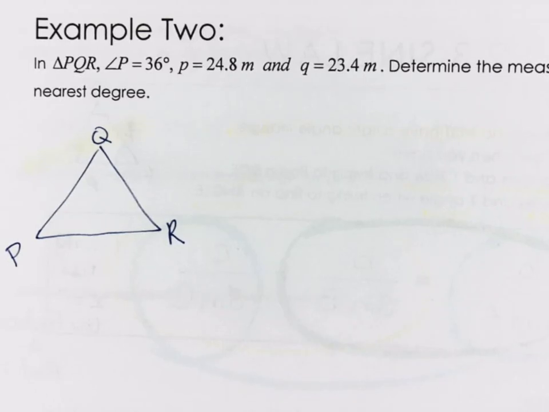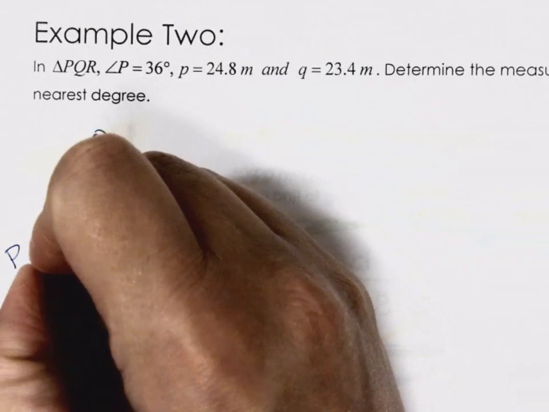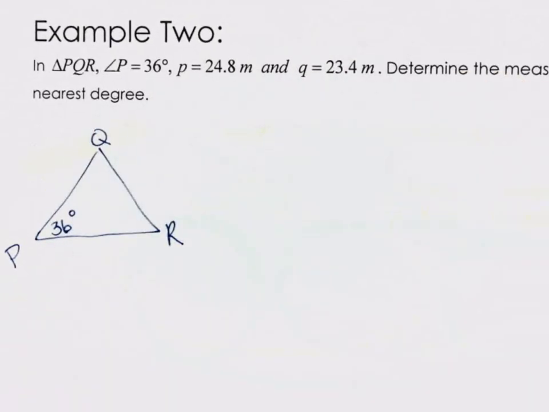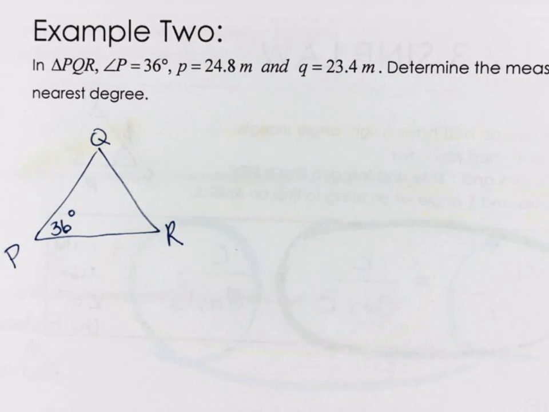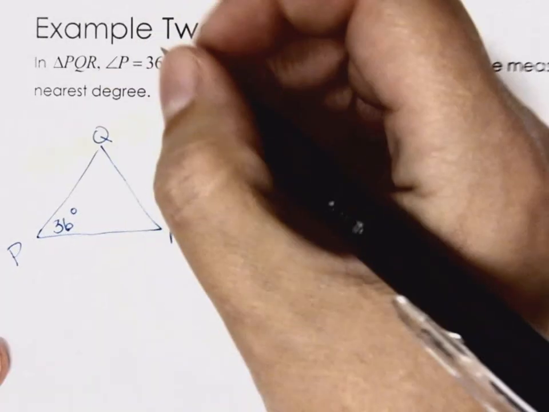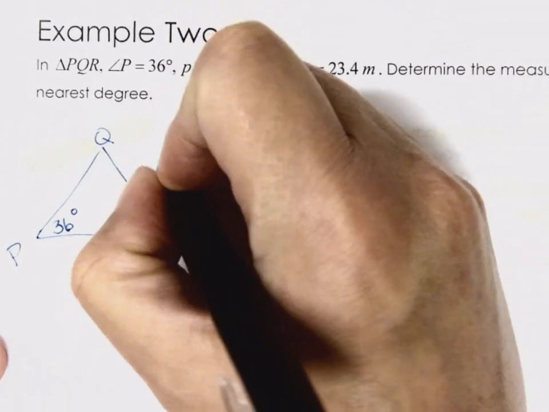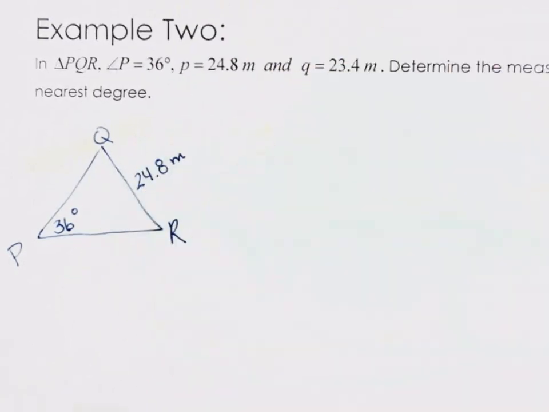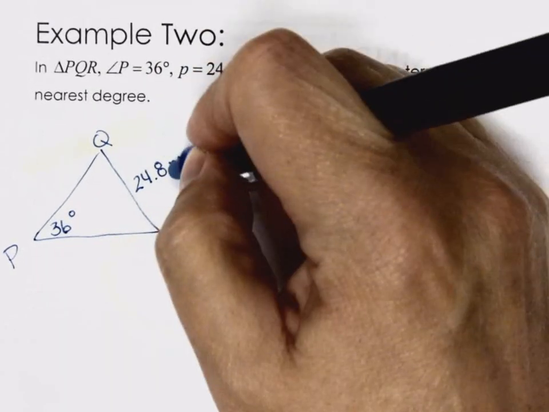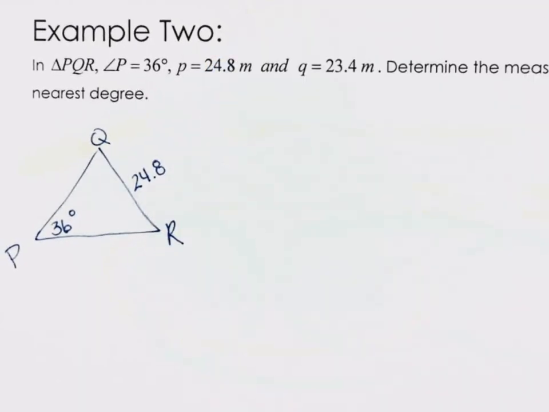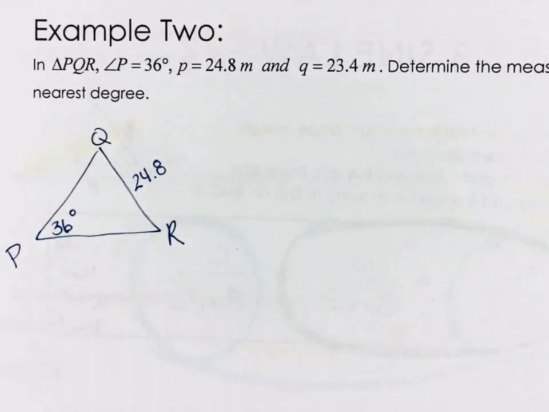Let's fill in what we know. Angle P is 36. Side P is 24.8. Where does side P go? Across from it. So it's the length QR, right? So that is 24.8 meters. I don't like putting units on my picture.